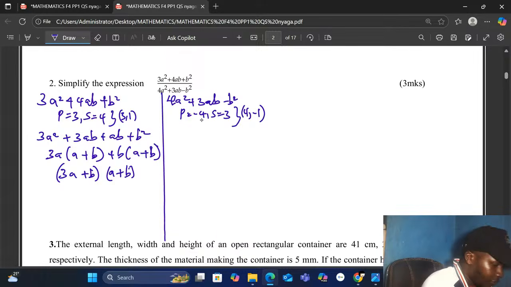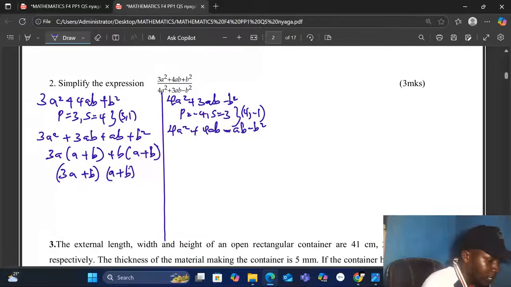Then we now solve. We shall have 4a squared plus 4ab. And then we minus ab, then minus b squared.